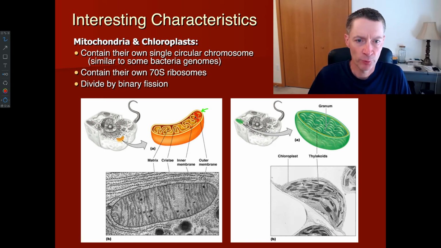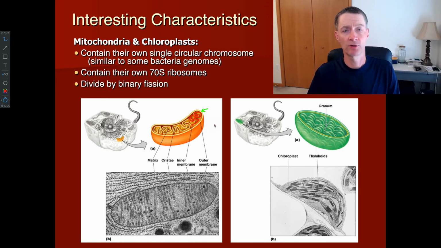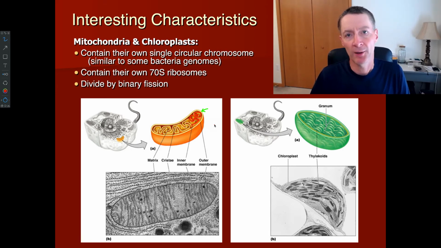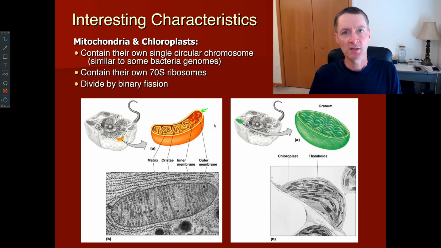Now, another thing that I don't have listed here, but is absolutely true, if you were to zoom in on this red inner membrane and consider the composition of this membrane, you'd find phospholipids and proteins like you would in any membrane, but we would see distinct similarities between the proteins found on this inner membrane and the proteins found on prokaryotic membranes of certain types. All right? And where do these proteins come from?